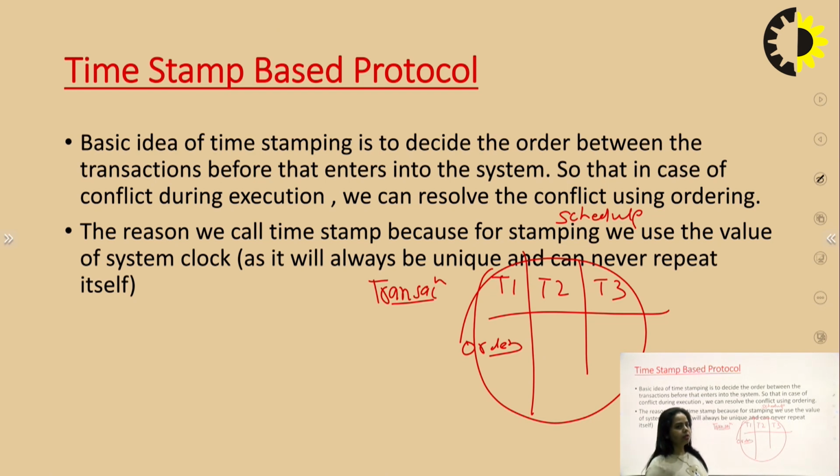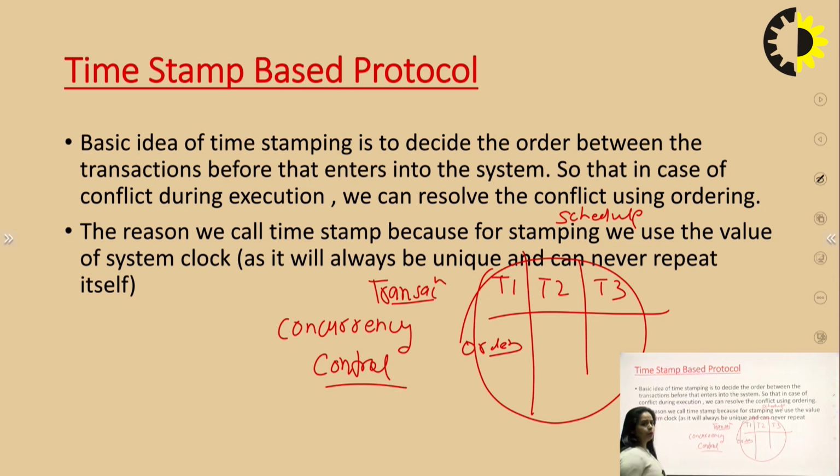In concurrency control techniques, we try to make schedules that never go into an inconsistent state, whose output leaves our transactions in a consistent state.